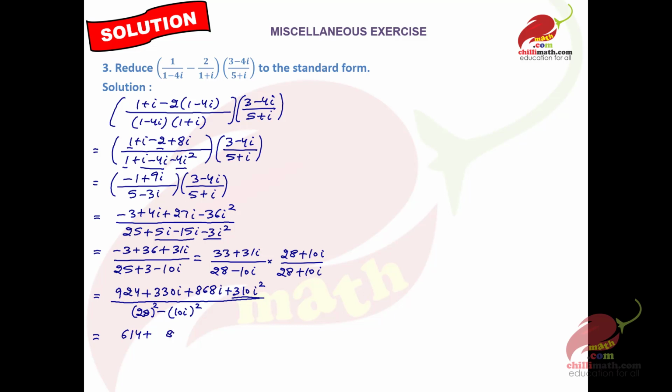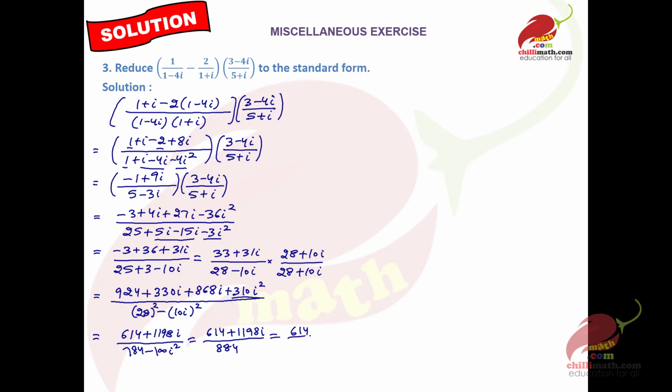Plus, adding this we get 868 plus 330, that is 1198 iota, over 28 square is 784 minus 100 iota square. Separating this we get 614, 1198 iota, over 784 plus 100 is 884.